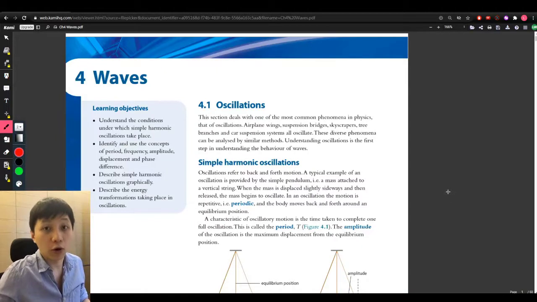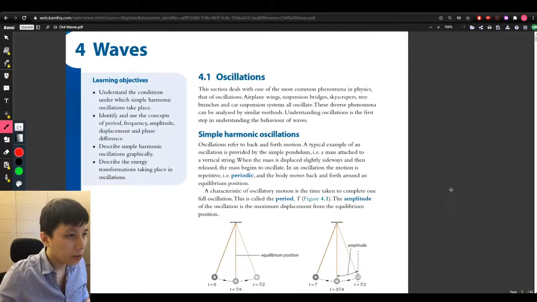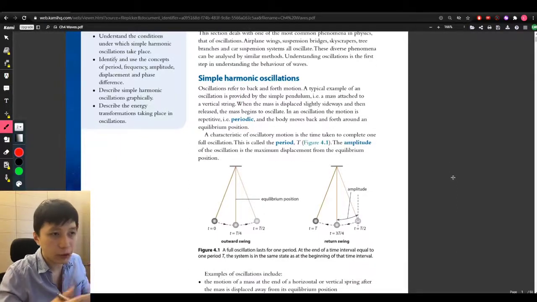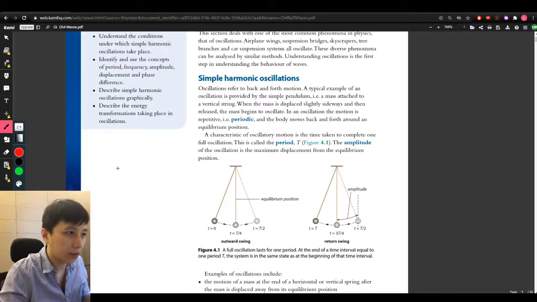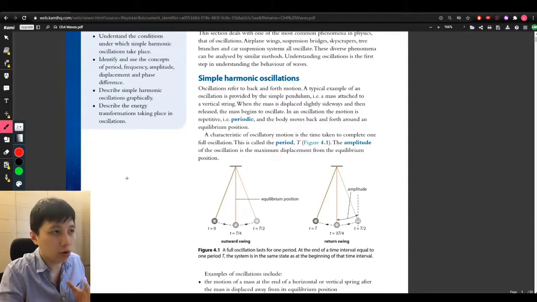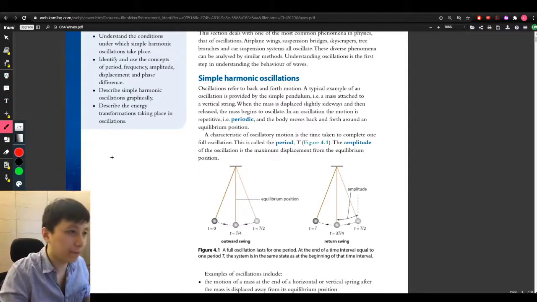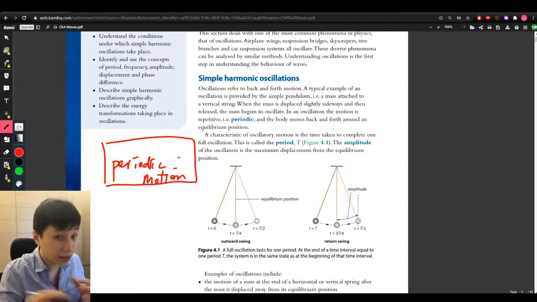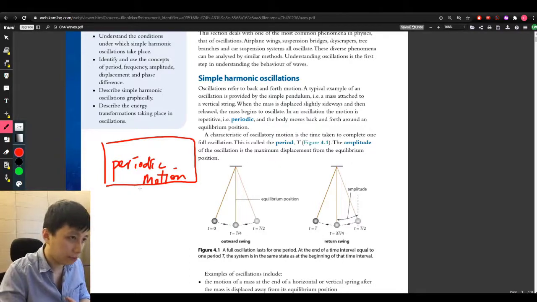So hopefully you have already found out the same thing. First of all, you have to understand that we are going to talk about several motions, but they are not all simple harmonic motion. In fact, the big family is called periodic motion, and that is not necessarily under the category of simple harmonic motion.